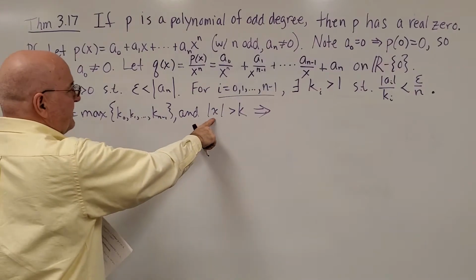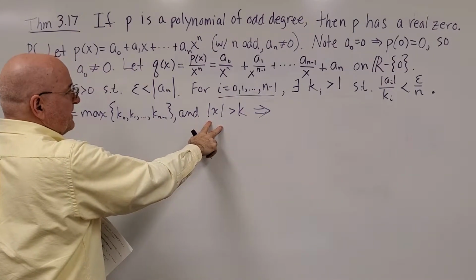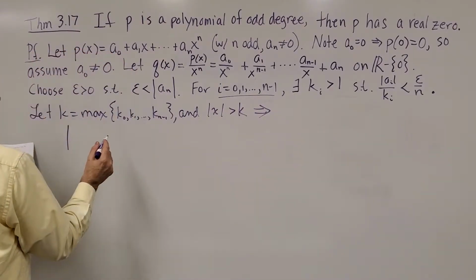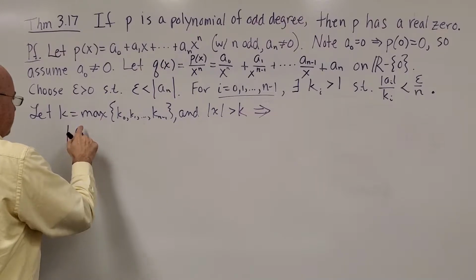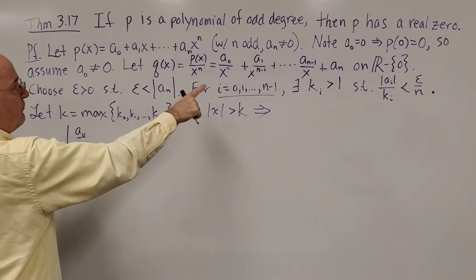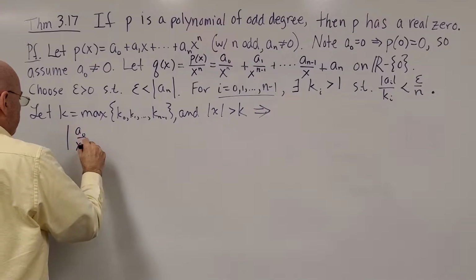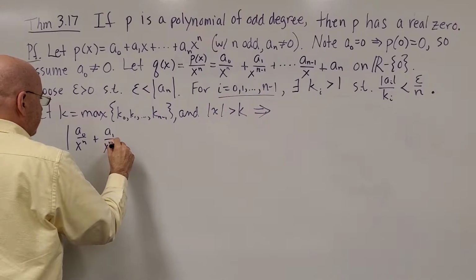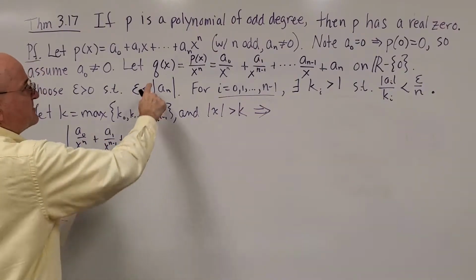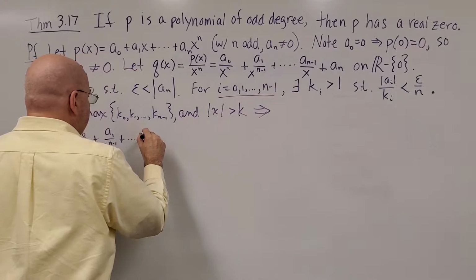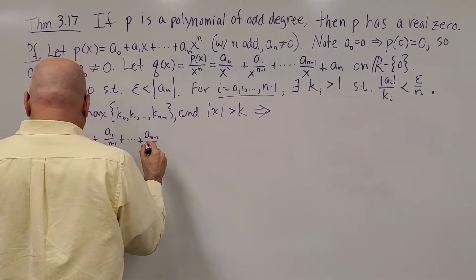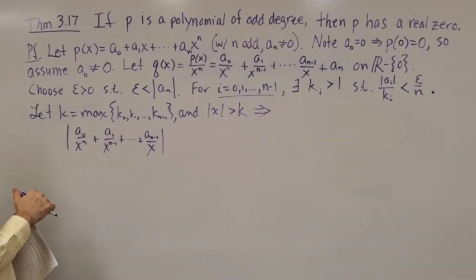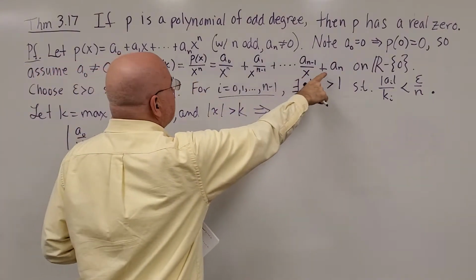All right, so if we let k be defined that way, then whenever the real number x in absolute value is bigger than k, we're going to get the following. The absolute value of a0 over x to the n plus a1 over x to the n minus 1, all the way to the end, which would be a_(n-1) over x. Notice in this one we only have n terms, where we have n plus 1 terms in this one.